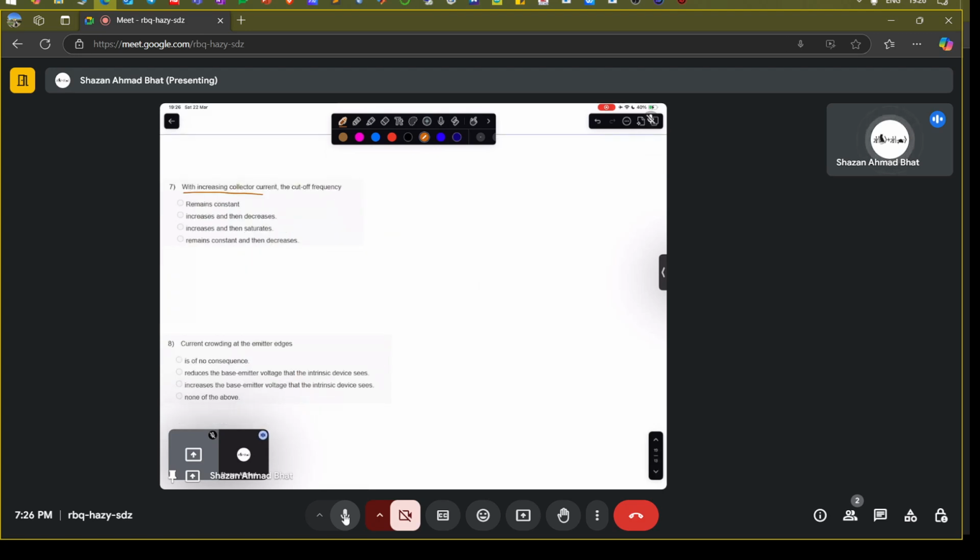With increasing collector current, the cutoff frequency, that's what I also showed. If you have a cutoff frequency and you go on increasing the collector current, you expect it to remain constant, but it drops because of those high injection effects, which are the Kirk effects. Because of that, you have a hole spillover into the collector region, and that reduces it.